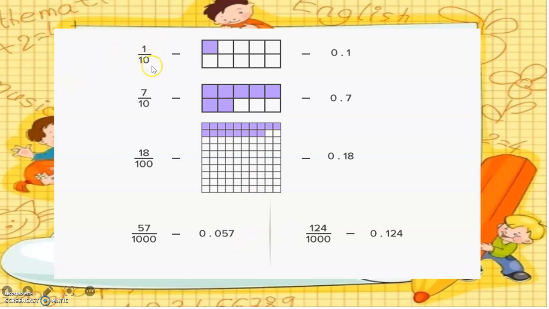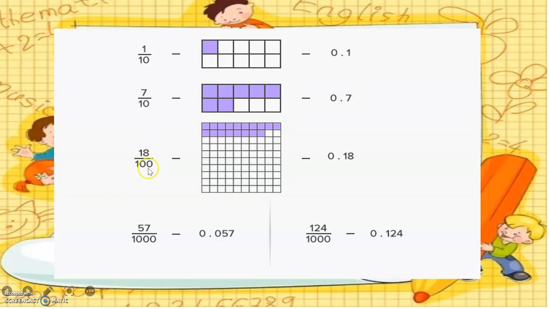So 1 over 10 is 0.1. We shaded 1 out of 10, so 1 over 10 is 0.1. 7 over 10, we shaded 7 out of 10, equals 0.7.